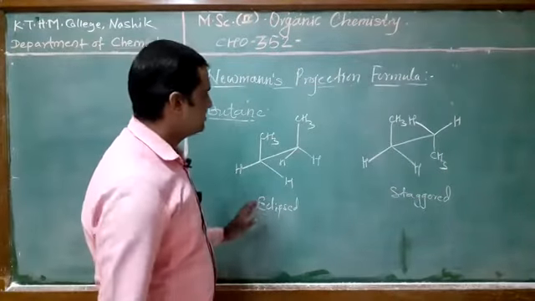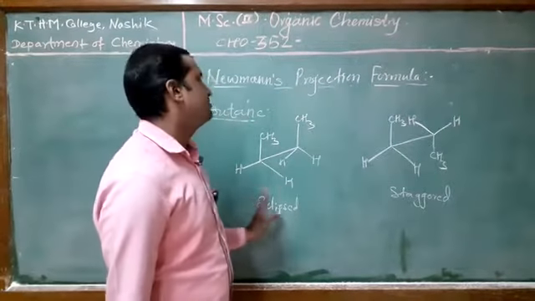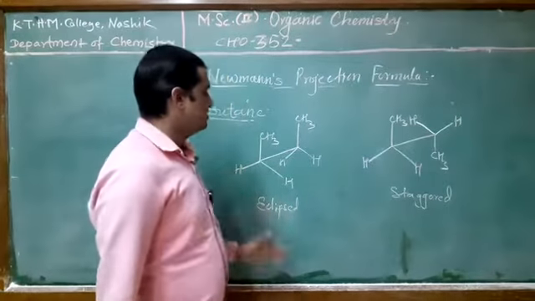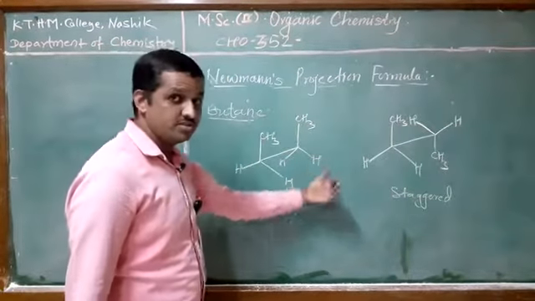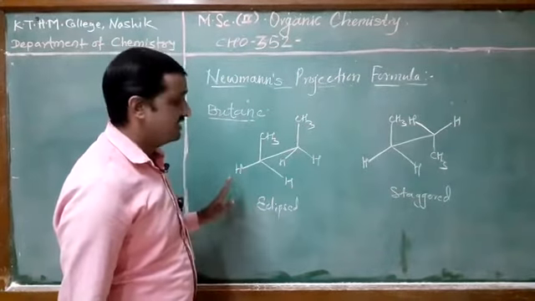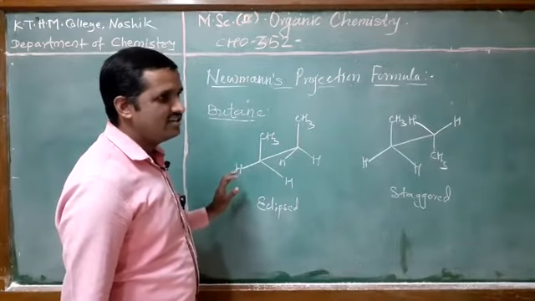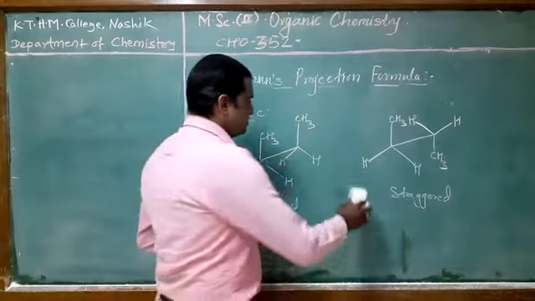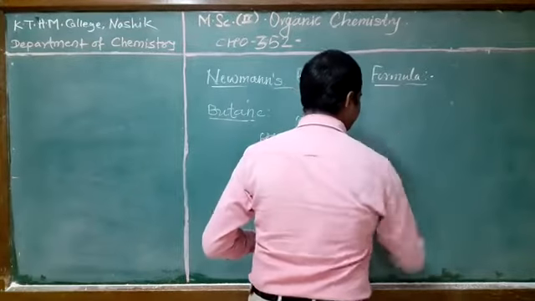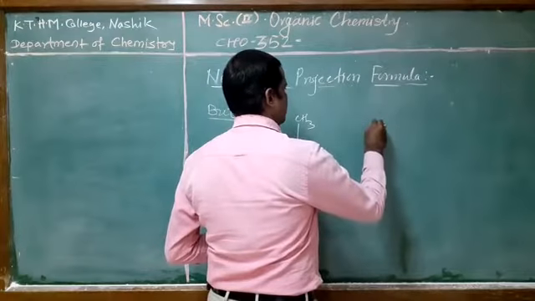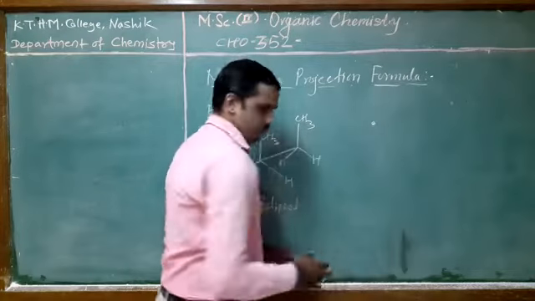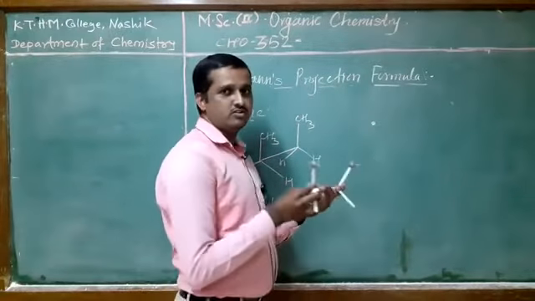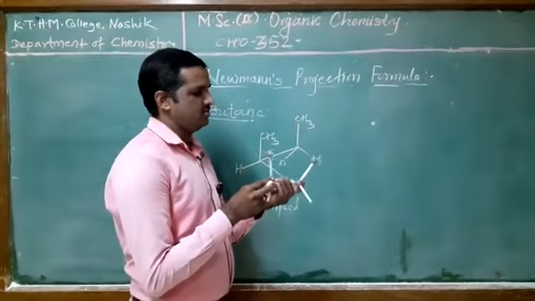But this staggered conformation and this eclipse conformation actually have other isomers, other conformations, which are easily observed and clearly identified in Newman's projection. So, what is the actual Newman's projection formula of this butane conformation? This is your butane molecule.